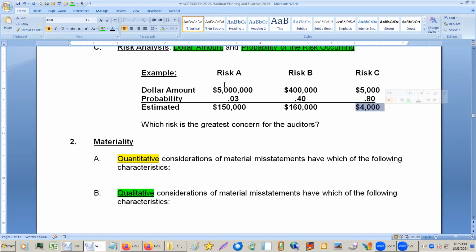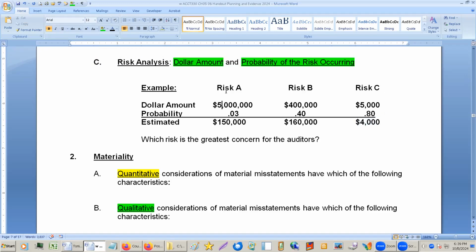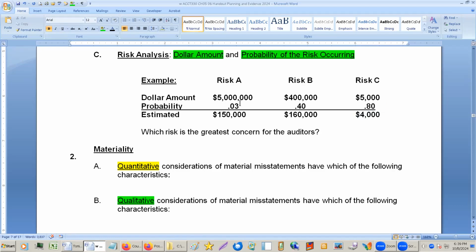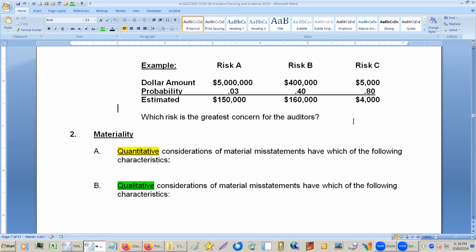If we're just concerned with the dollar amount, 80% of 5,000 is 4,000. So that's a big chunk of the money we're looking at and the risk associated with this single amount. That's why I said risk C.